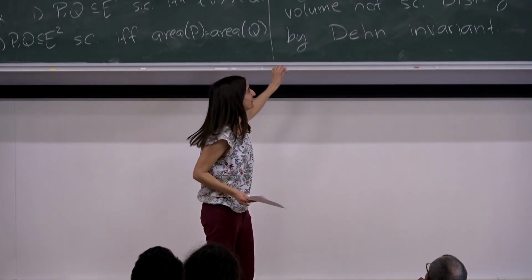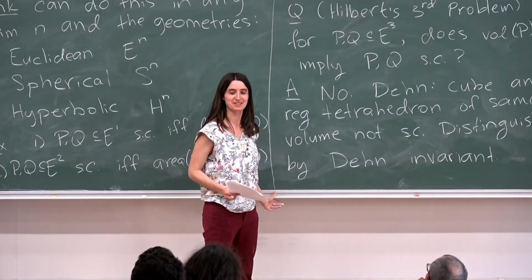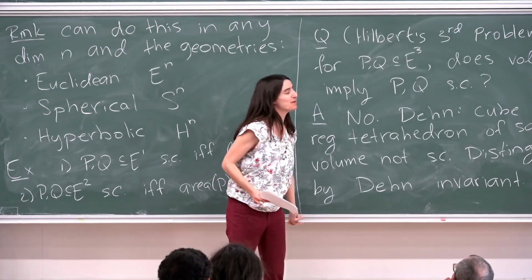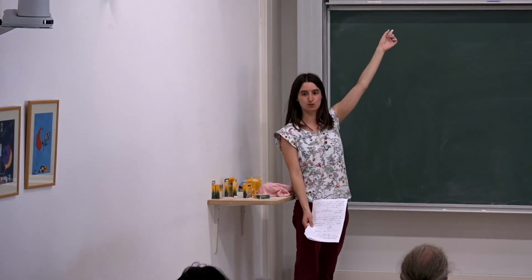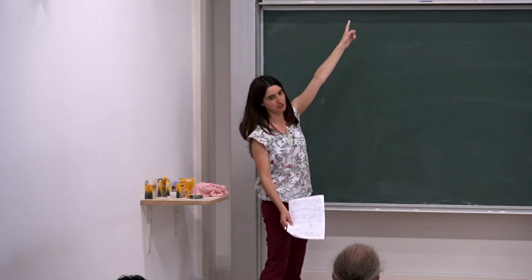So this is a prophecy about the next thing that I'm going to write on the board, which is that this is actually a lot more structured. There's a lot more structure here.